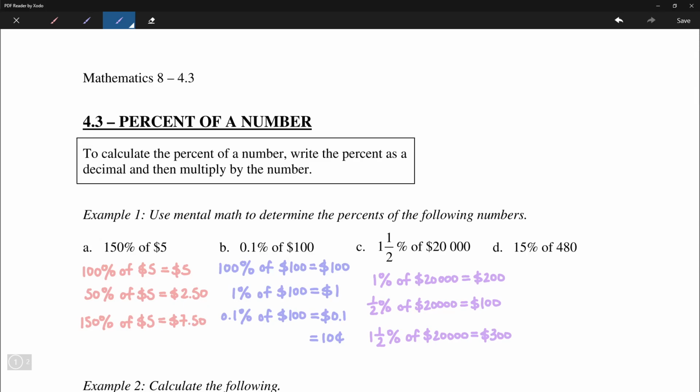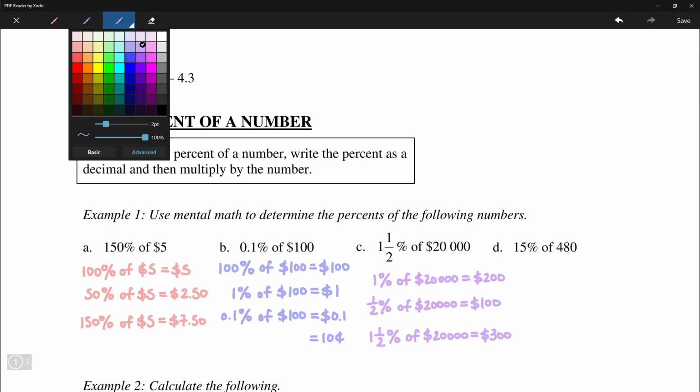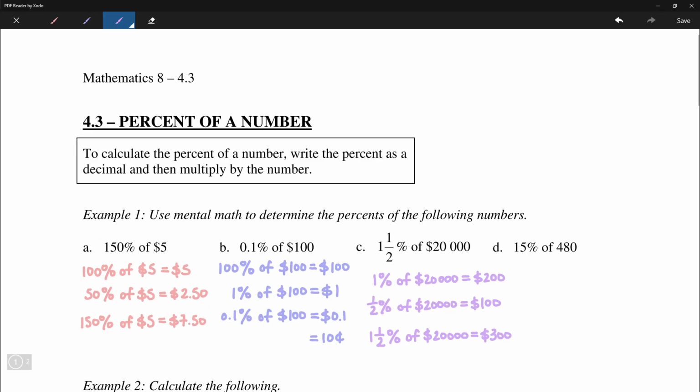Okay, so from there, very similar in example 1d, 10% of 480 would be just 48, 1/10 of 100%. So 1/10 of 480, which is 48. 5% will be half of that, so 5% of 480 would be 24.